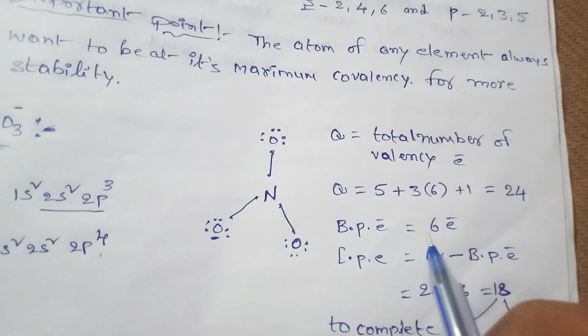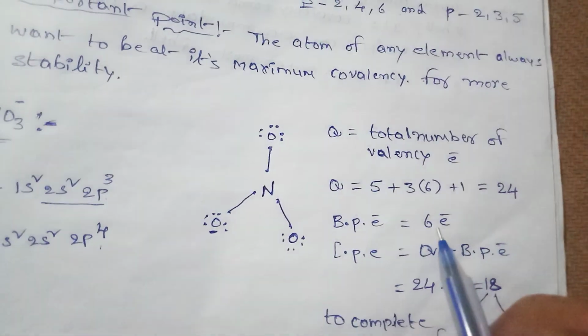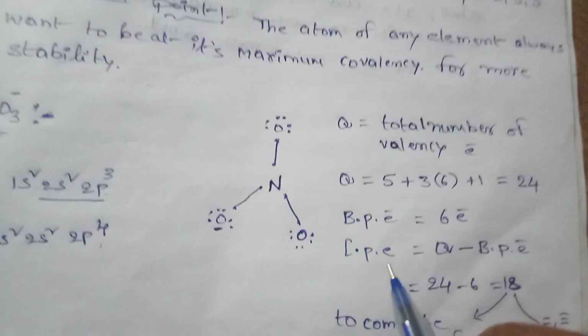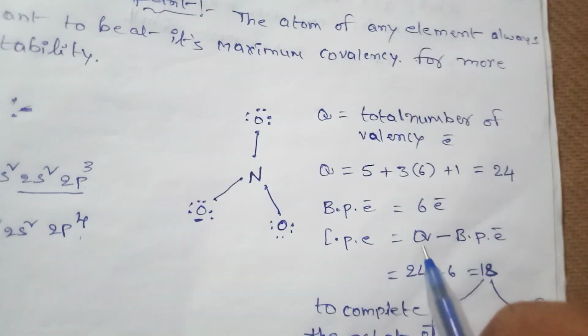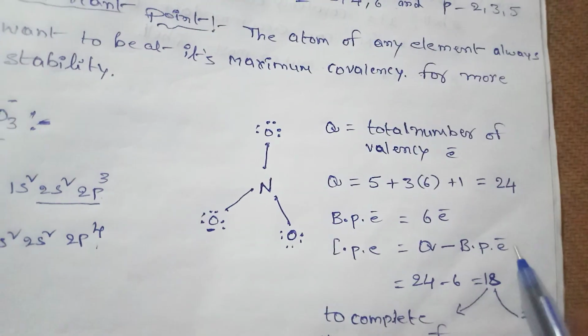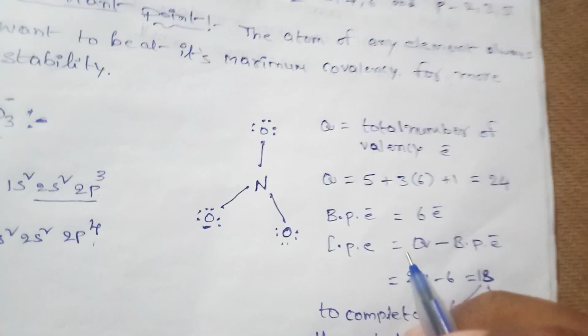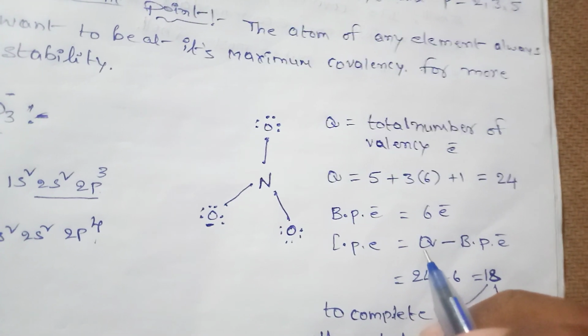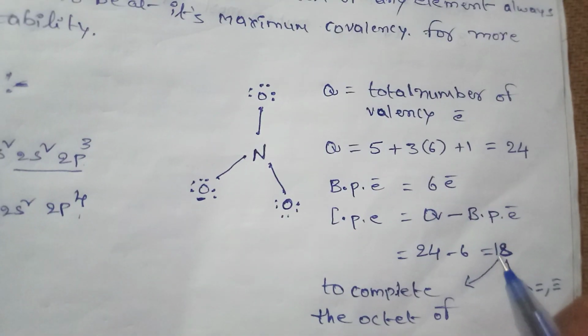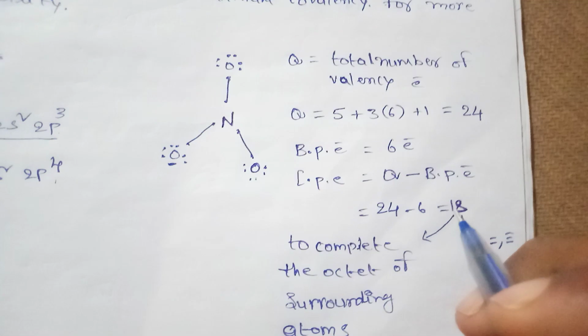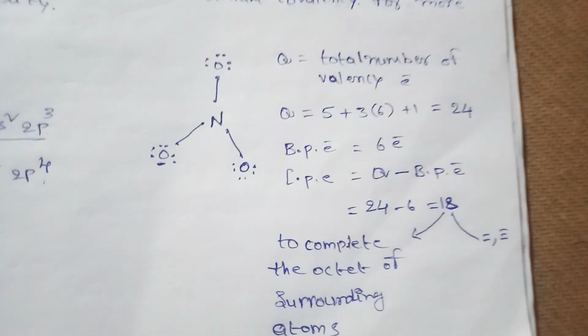So 3 bonds means 3 into 2, 6 electrons. Next, lone pair electrons. The formula is Q minus bond pair electrons, where Q is the total number of valence electrons. We already calculated 24 minus 6, that is equal to 18. So 18 is the number of lone pair electrons.